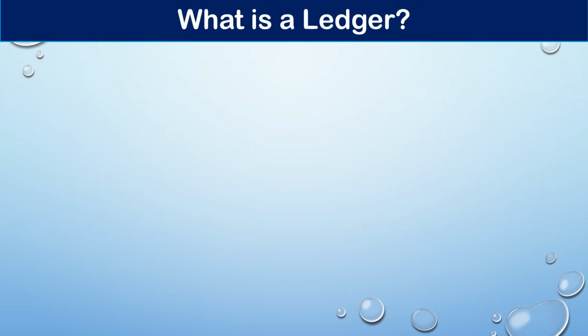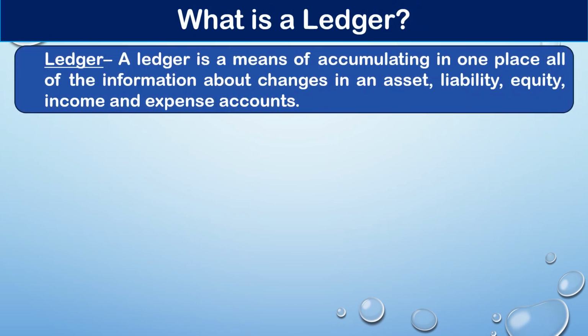Okay, so first let's know what a ledger is. A ledger is a means of accumulating in one place all of the information about changes in asset, liability, equity, income, and expense accounts.